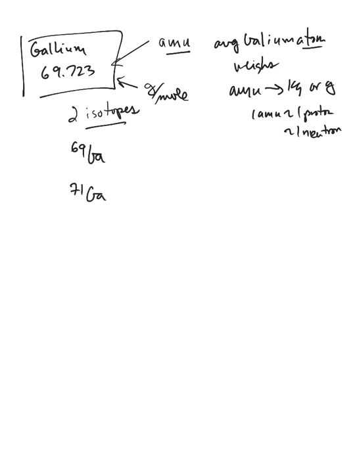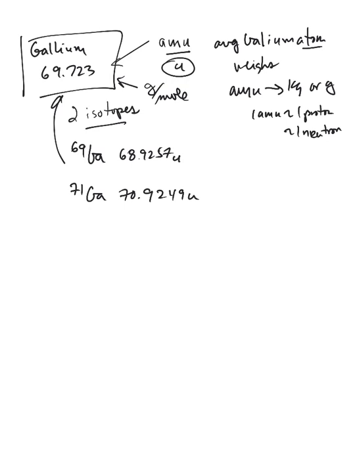Gallium 69 happens to weigh 68.9257 atomic mass units. A lot of times people write the letter U to mean atomic mass units. Gallium 71 weighs 70.9249 atomic mass units.